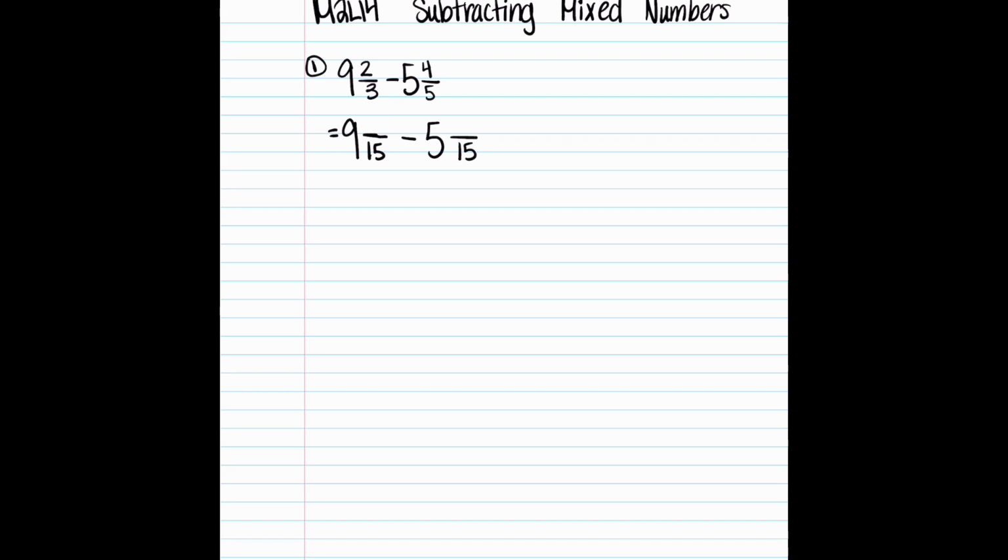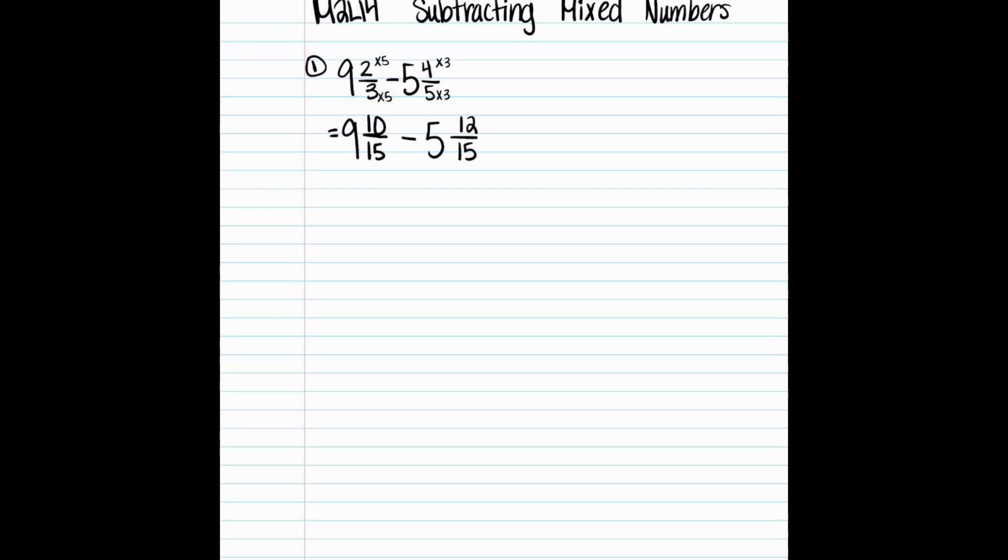Okay, now in order to get from 3 to 15, I have to multiply by 5, meaning I need to do the same to the top. 2 times 5 is 10. In order to get from 5 to 15, I need to multiply by 3. 4 times 3 is 12.